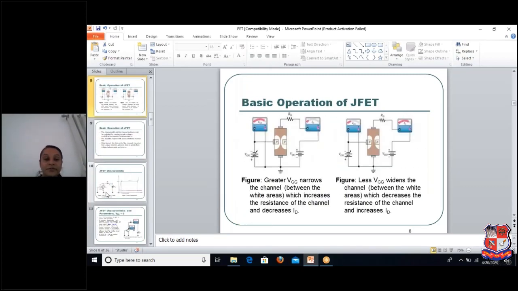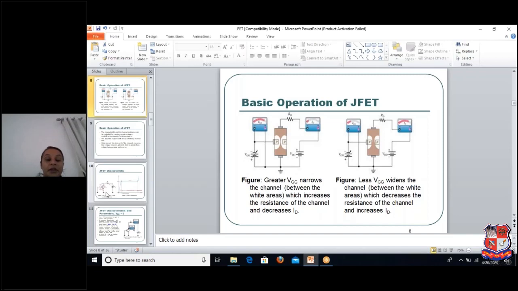Whenever you give VGS equal to minus 1 volt and you increase VDD, what happens to the depletion? With VGS minus 1 volt, one region is in reverse bias and one is in forward bias.